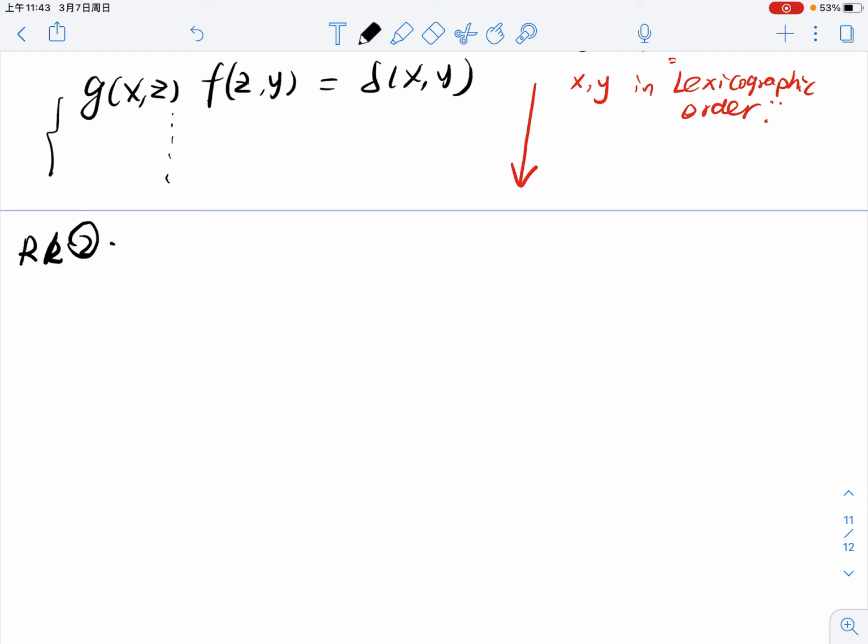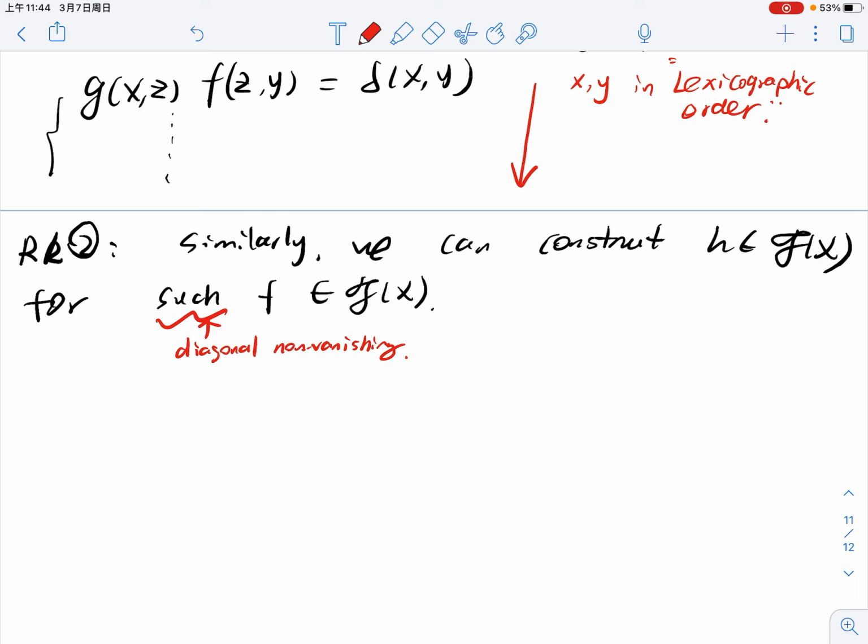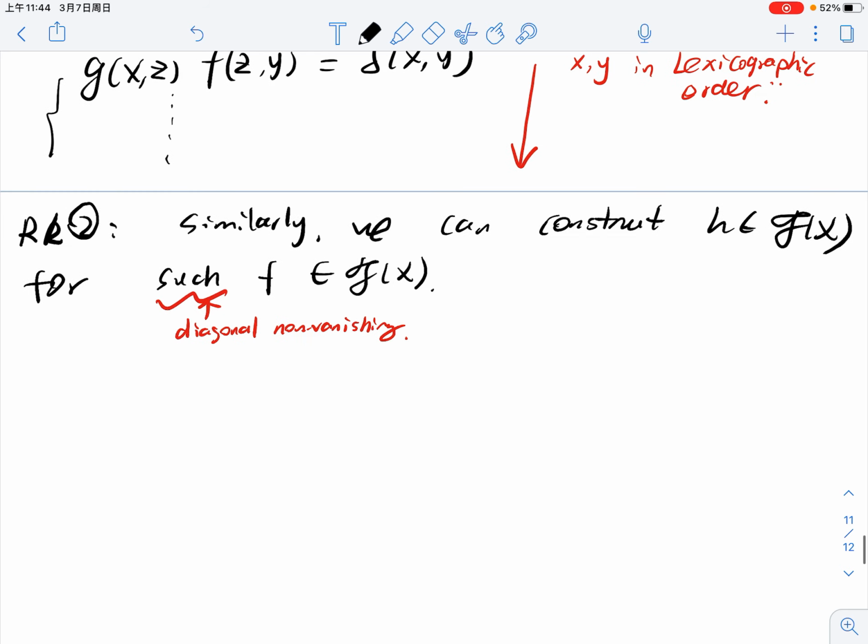And remark 2 is that, similarly, we can construct h for such f. Here such means diagonal non-vanishing, the diagonal is not zero. In other words, we have this one.